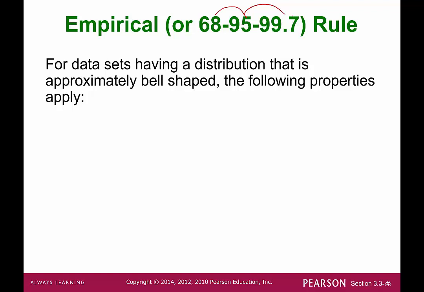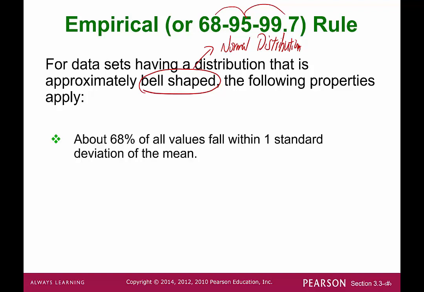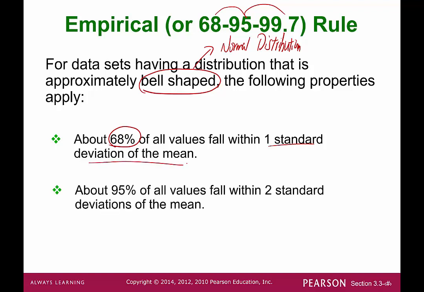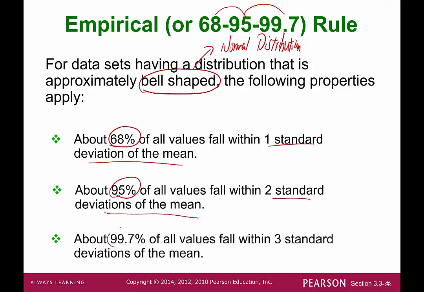For a data set having a distribution that's approximately bell-shaped, meaning a normal distribution, the following applies. The first rule is about 68% of the data values fall within one standard deviation of the mean, 95% of the data values fall within two standard deviations of the mean, and 99.7% of the data values fall within three standard deviations of the mean. Okay, so these are the typical empirical rules.